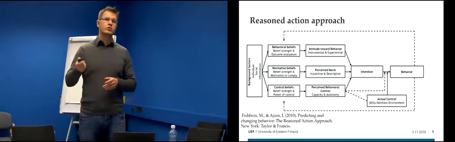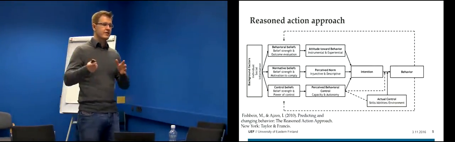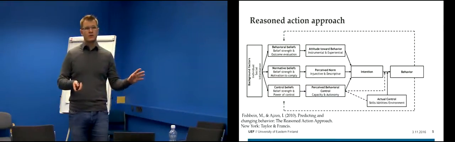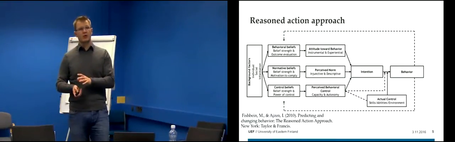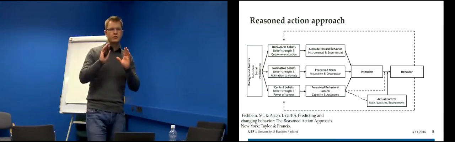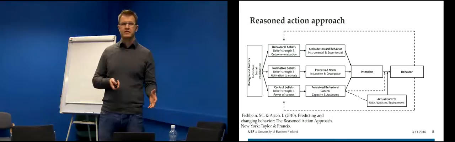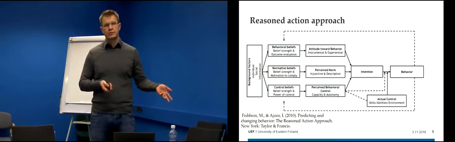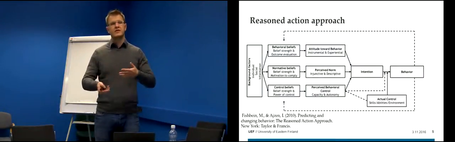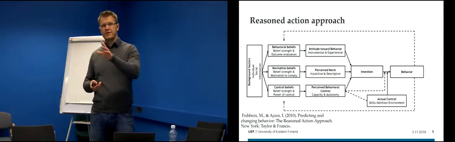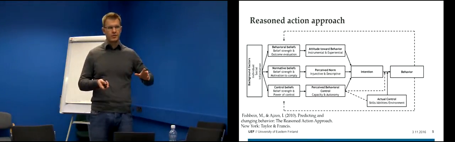It includes all the criticism. And this is actually a really good example of how theories and science develop. All these different new building blocks in this model are based on criticism that they have received on their earlier models, and then they are tested again if some things affect, for example, intention or each other, and so on.